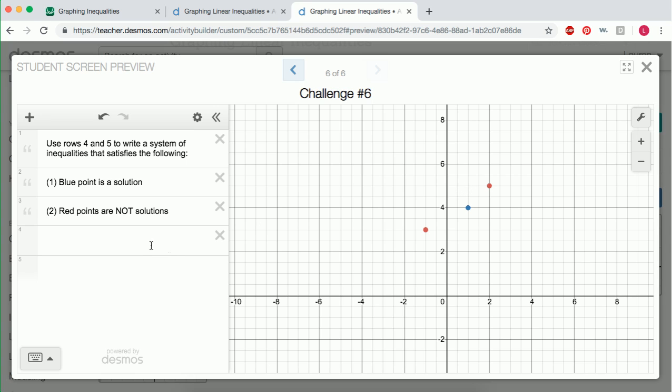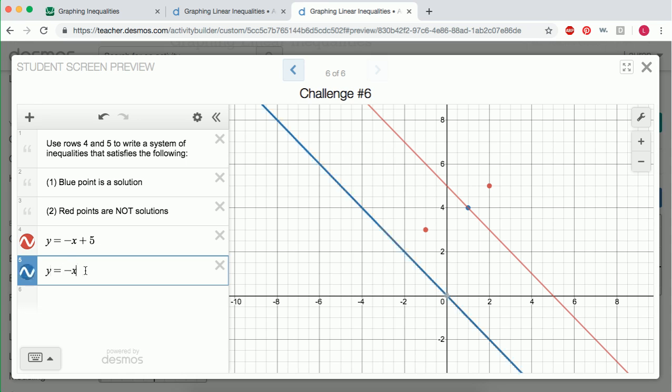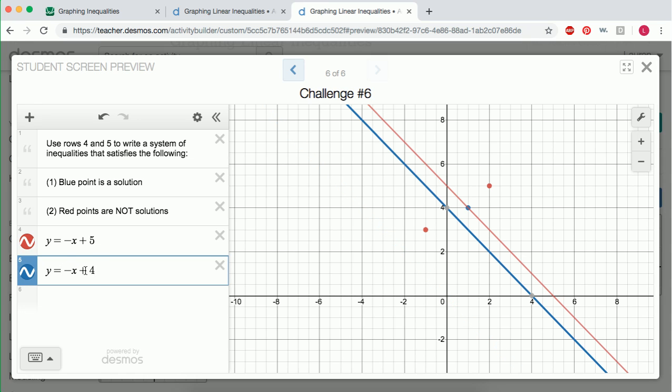So negative 1 slope. And a y-intercept of 5. Okay, so it goes through that point. And maybe one point below it, maybe one that goes through positive 4, and we want them to be parallel, so we want them to have the same slope, so we'll have y equals negative x plus 4.